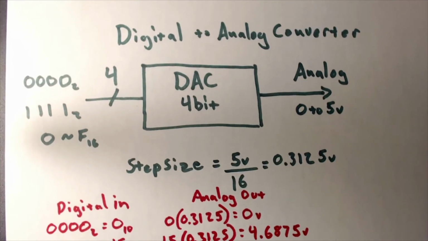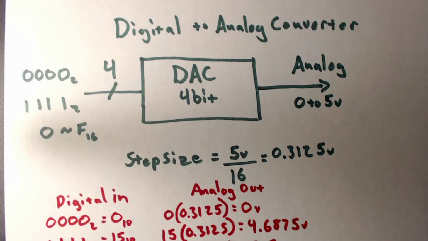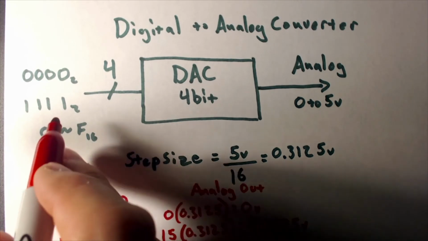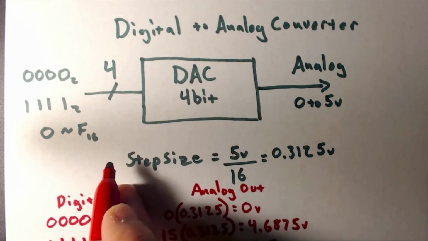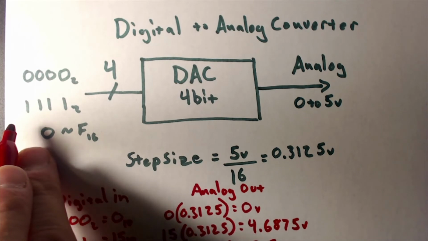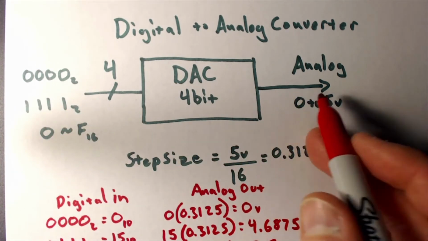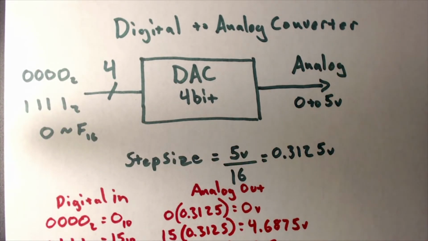So the whole purpose of a digital to analog converter is to convert from a digital value, or a group of wires representing a digital value, into a single wire that is an analog voltage. Just the opposite of our analog to digital converter, right?